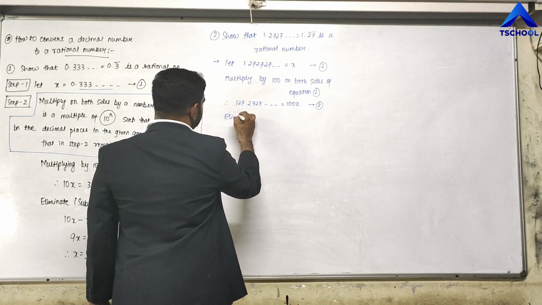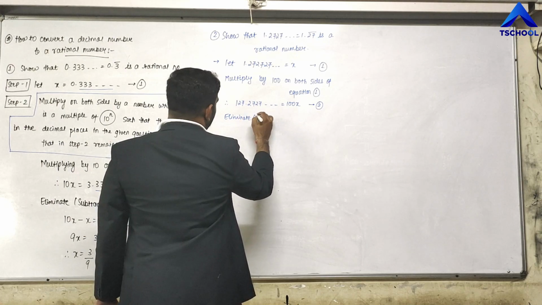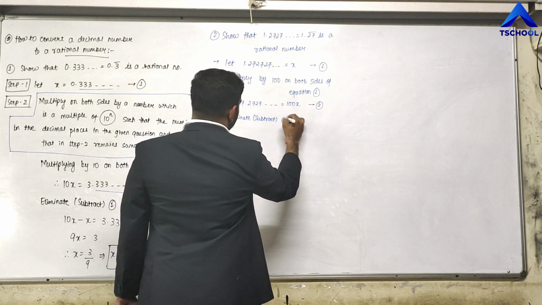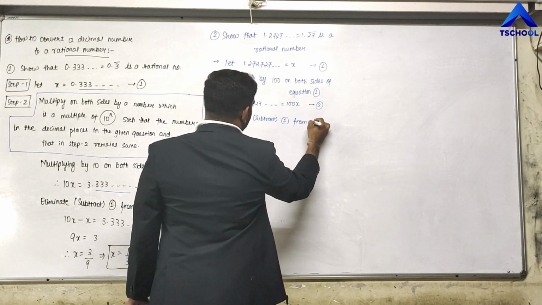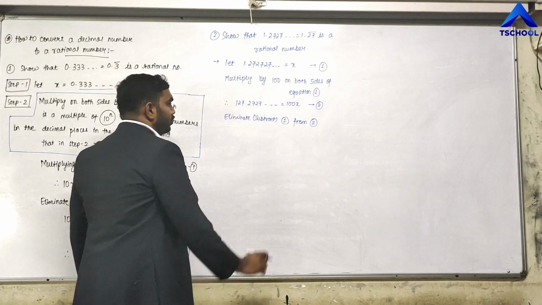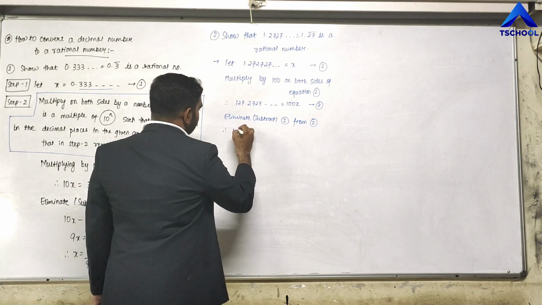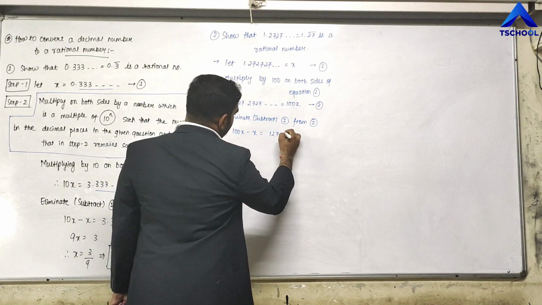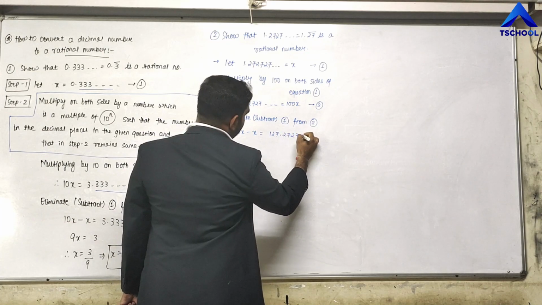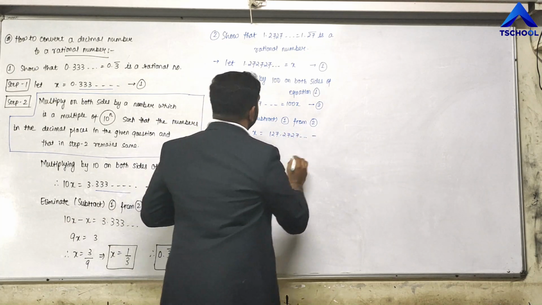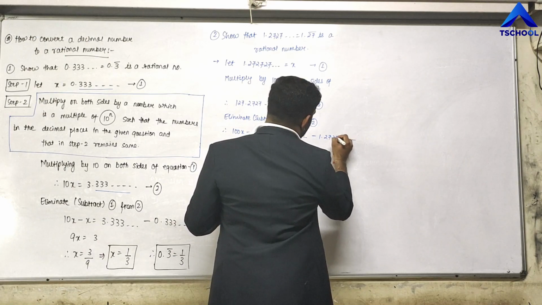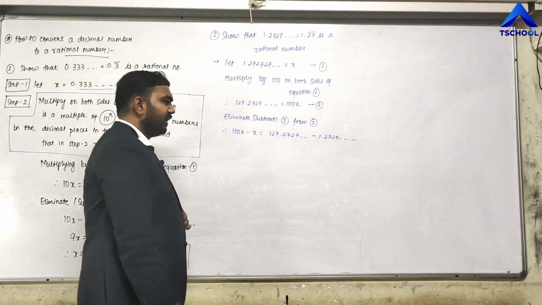Eliminate, or subtract, equation 1 from equation 2. So what we shall get is 100x minus x is equal to 127.2727 minus 1.2727 and so on, right?